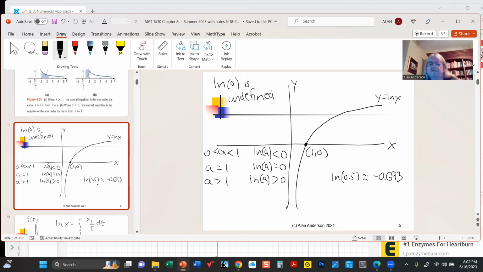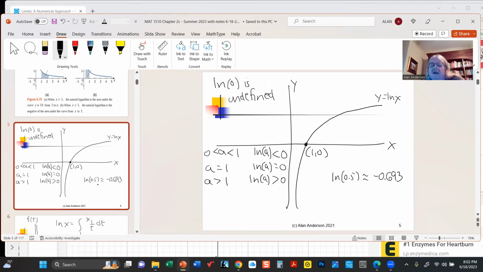So the log of negative 0.5? No, that's not defined.